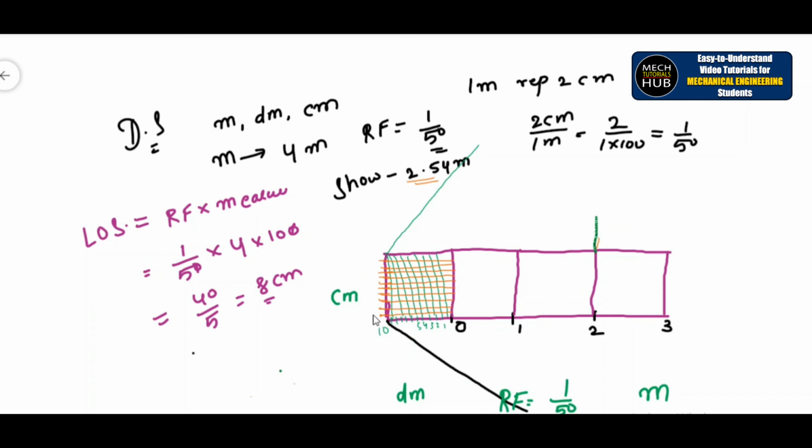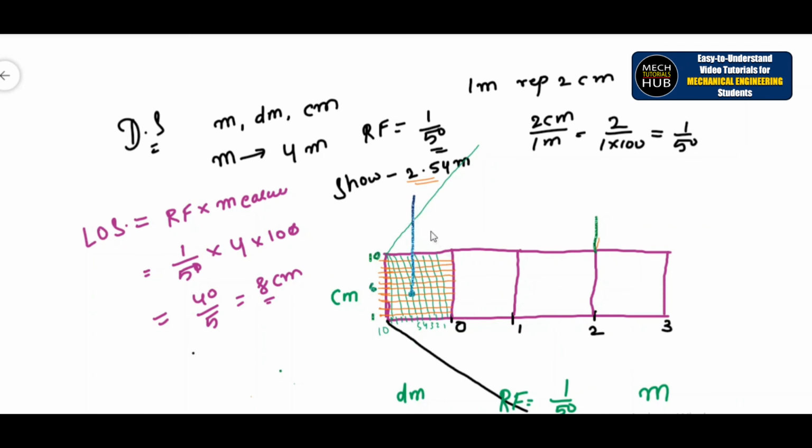Here we need to give numbering, 1 to 10. Somewhere here 5. So 2.54: 2 is already done, 5. If I take this fifth line till 4, 1, 2, 3, 4, maybe this is the point. Okay, 2.54. So I'll try to drop a vertical from here till the top.